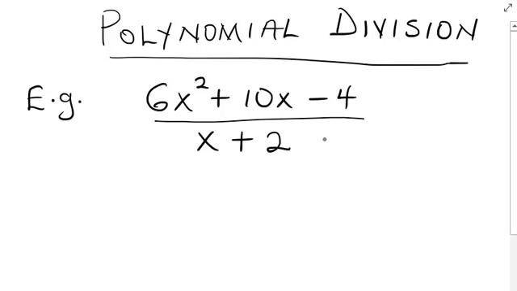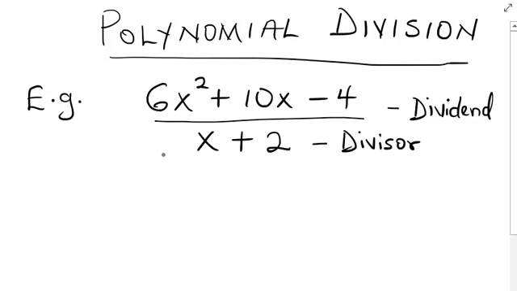First of all, there are some definitions we need to make here. What we're asked to divide is usually called the dividend, and what we are using to divide is called the divisor.